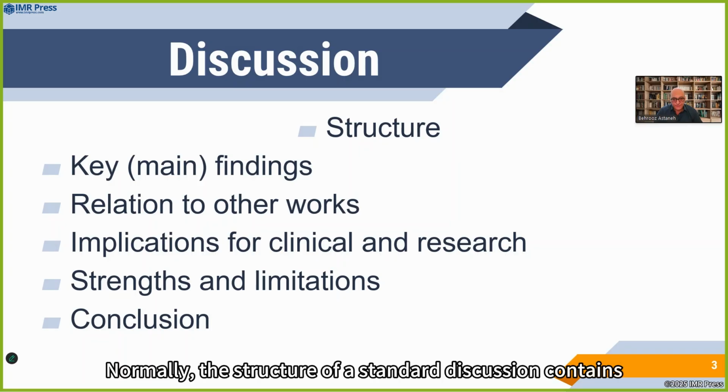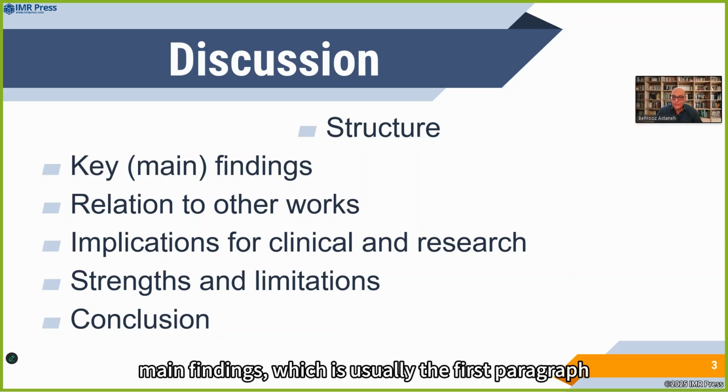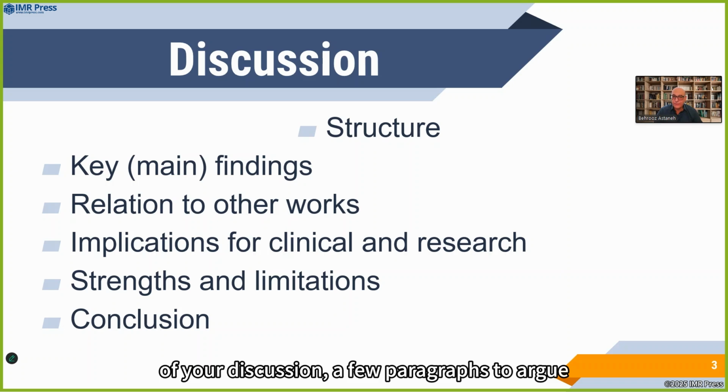Normally, the structure of a standard discussion contains different sections. A section is for reporting the key or main findings, which is usually the first paragraph of your discussion. Then a few paragraphs to argue and counter argue your findings with other things available in the literature, which is the relation to other works.